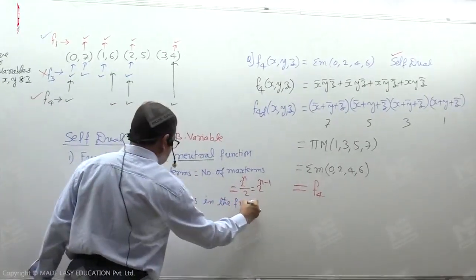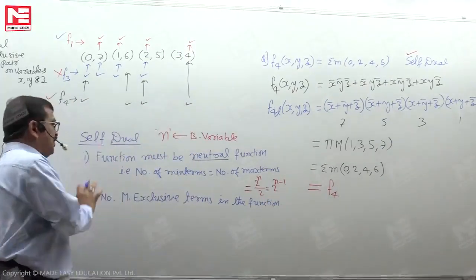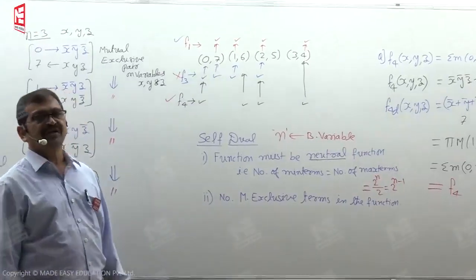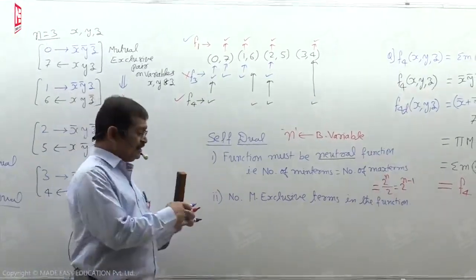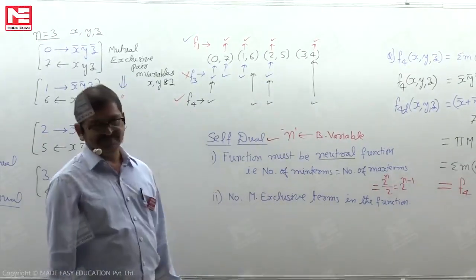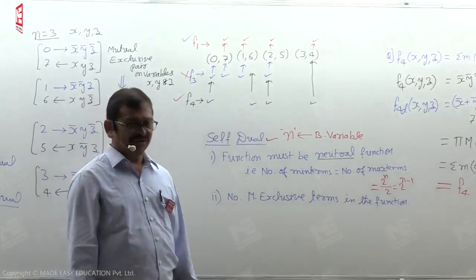No mutual exclusive terms in the function. If these two conditions are satisfied, it is necessary and sufficient. Only then is the function possible to be a self-real function. That is the conclusion.